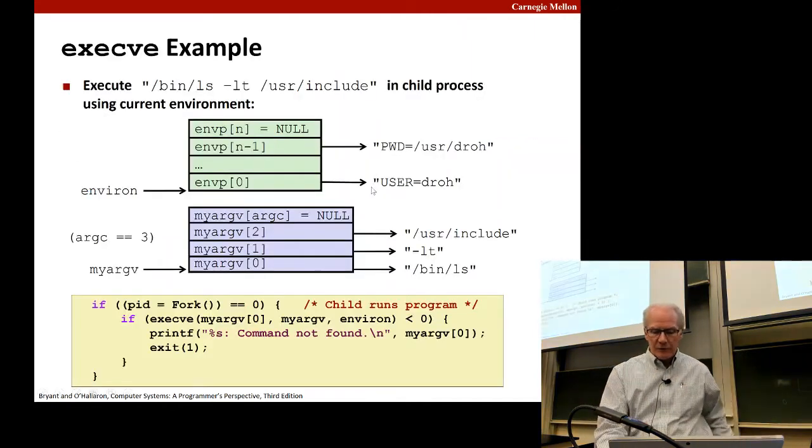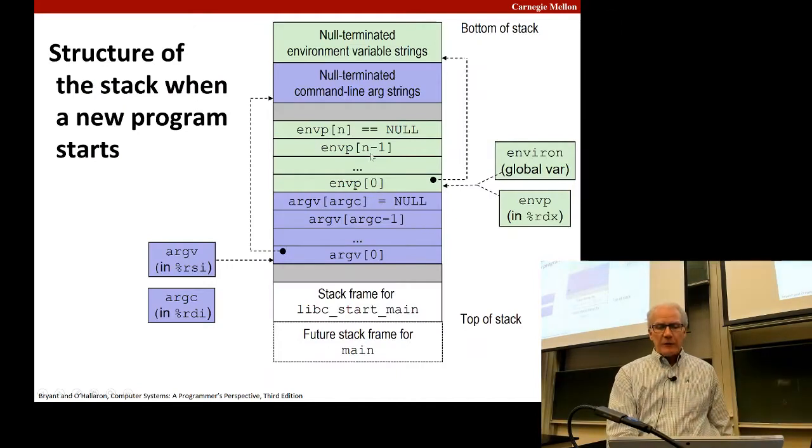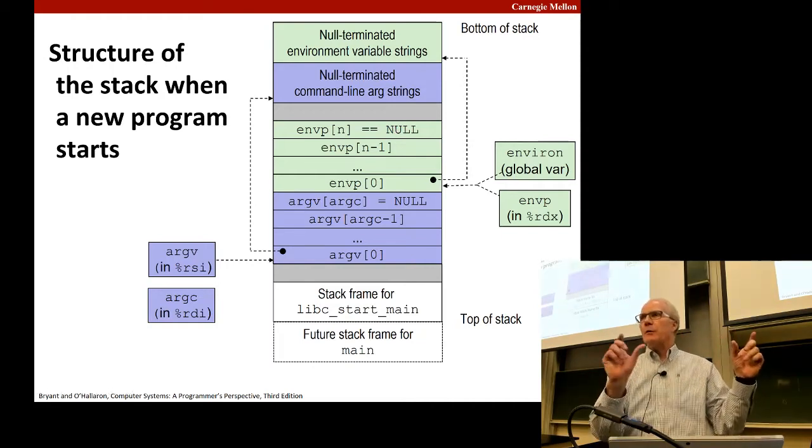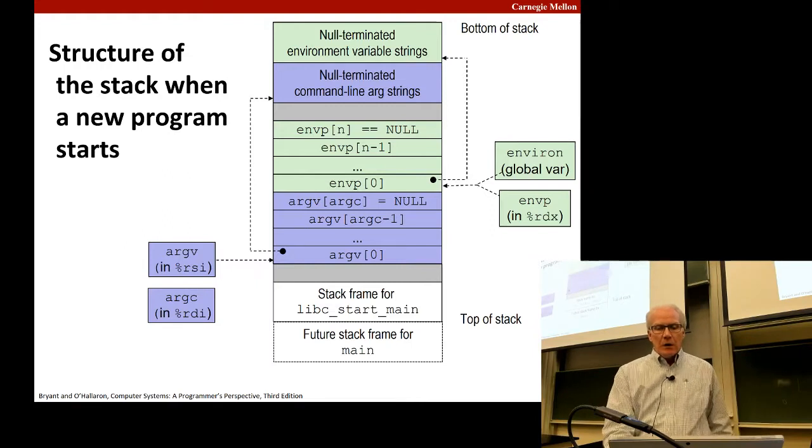It's not the characters themselves. And same with the environment. It's a null terminated list of environment values, each of which is a string giving the name of the environment variable and its value.